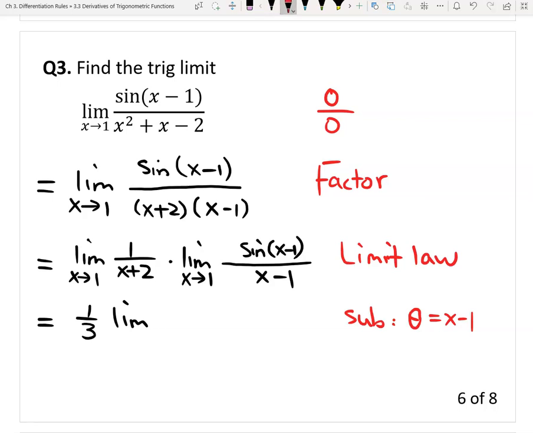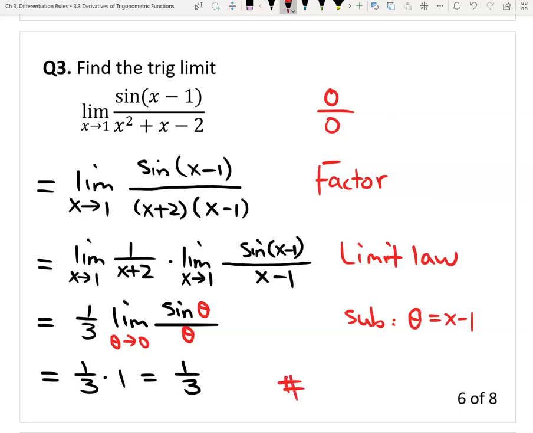So you can see theta this time approaches 0. And then the fraction is sine theta over theta. Can you see the formula? Therefore the result is 1 over 3 times 1, which is 1 over 3. That's this question.